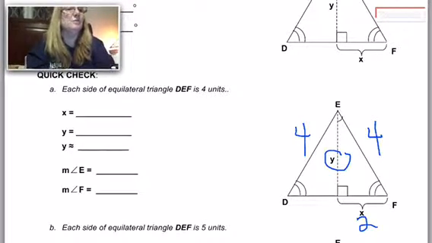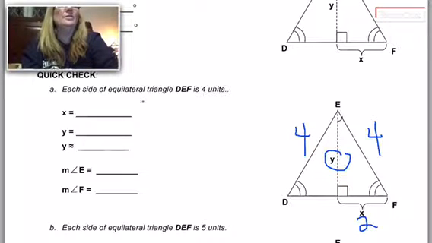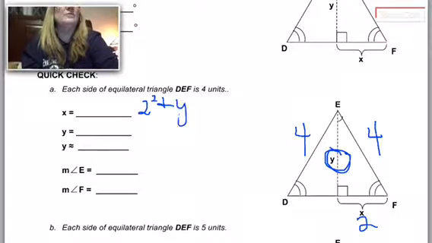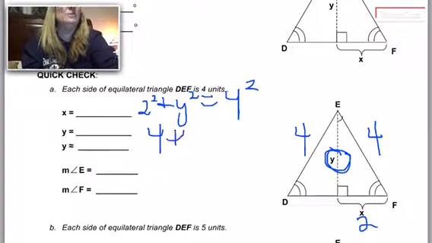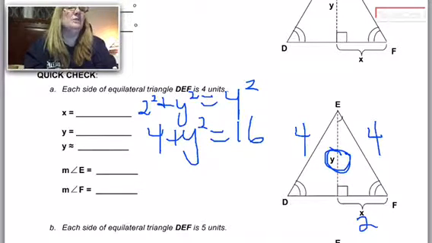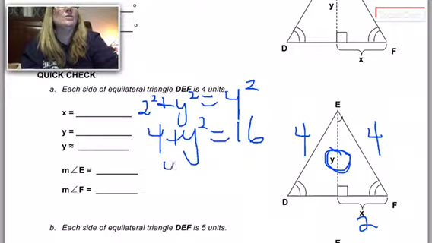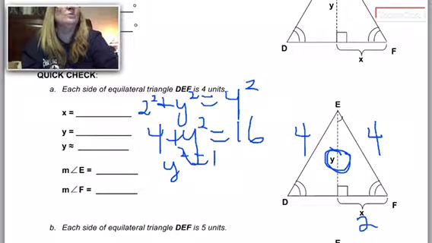A squared plus b squared is equal to c squared. 2 squared plus y squared is equal to 4 squared. 4 plus y squared is equal to 16. If we subtract 4 from both sides, y squared is equal to 12.